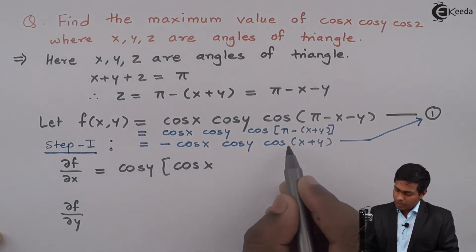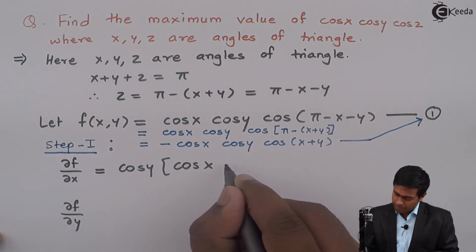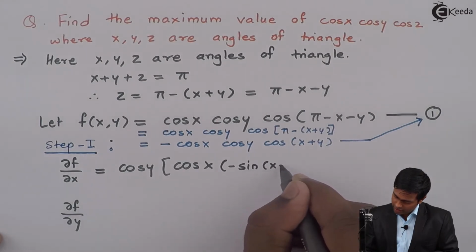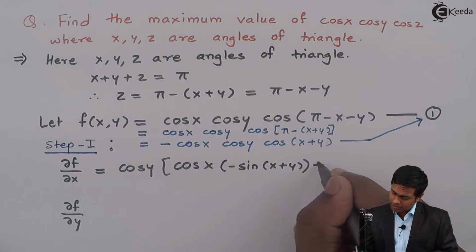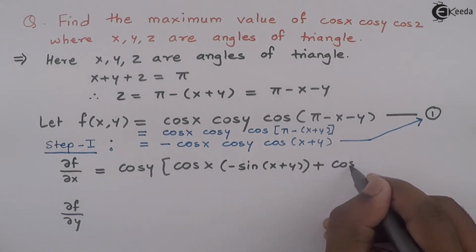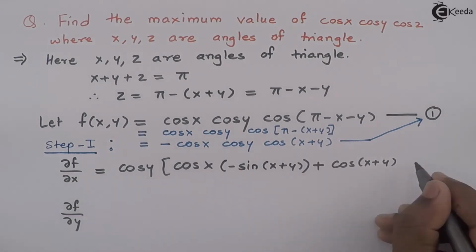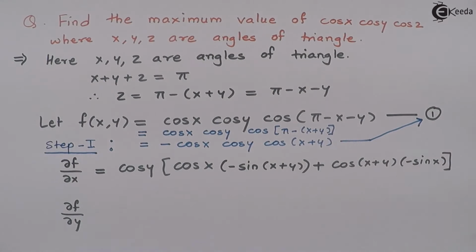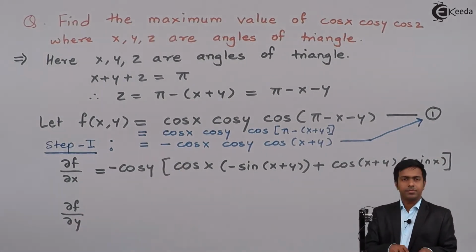Next, the derivative of cos of x plus y is minus of sine of x plus y. Next, the middle sign plus, cos of x plus y as it is, and the derivative of cos x is minus of sine x. Now this minus sign is already there outside.